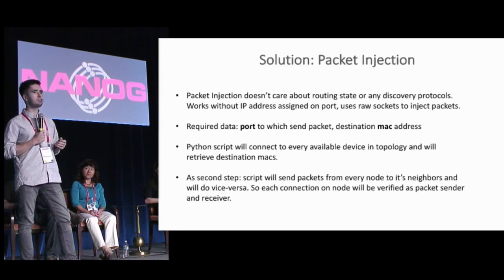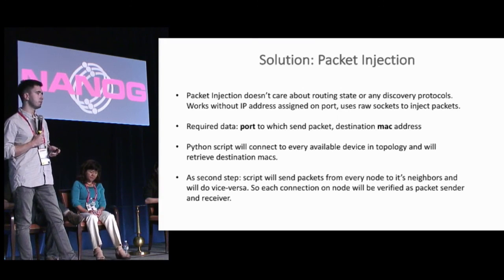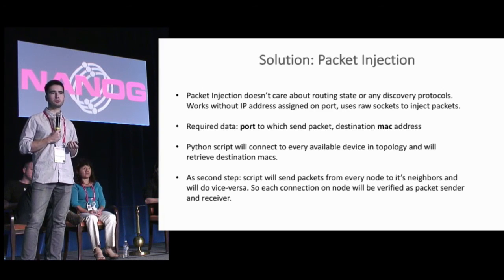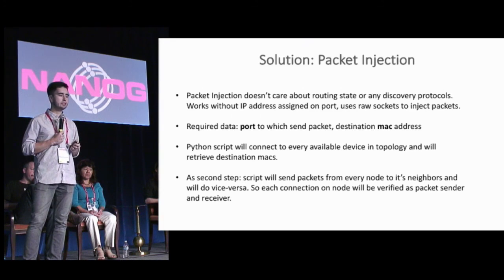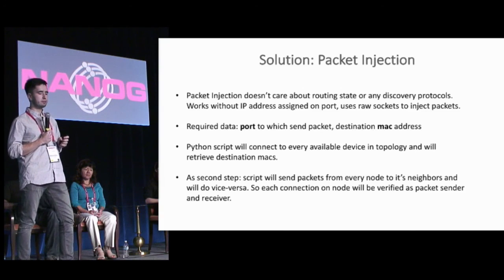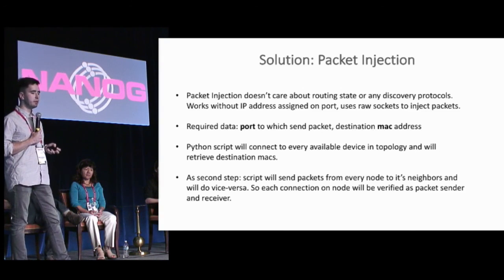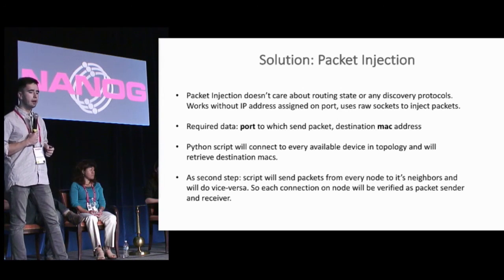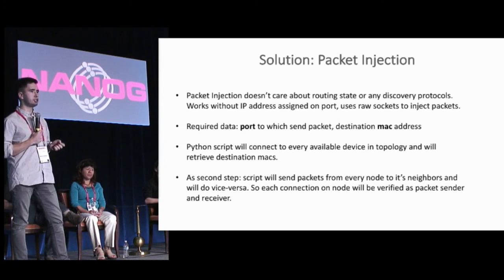Okay, what do we need to send a packet? At first, we should specify the sender port which we want to use. It will be some Ethernet port for Linux, for example, and we will need the destination MAC address. A Python script, which is part of the solution, will connect to every available device through SSH and retrieve the destination MAC.